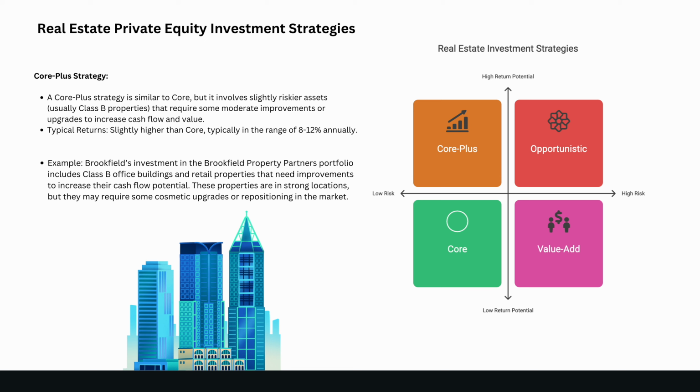In terms of returns, you may see around 8 to 12% annually. For example, Brookfield's investment in the Brookfield Property Partners portfolio includes Class B office buildings and retail properties that need improvements to increase their cash flow potential. These properties are in strong locations, but they may require some cosmetic upgrades or repositioning in the market.